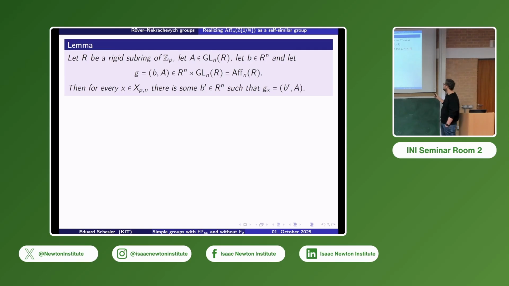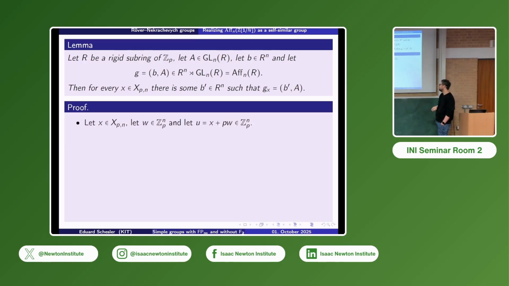So the linear part stays exactly the same, but the affine part might change. But still, it will lie in R^n under the assumption that the ring is rigid. So this is the only place where we need it.